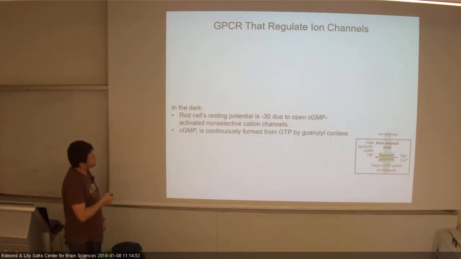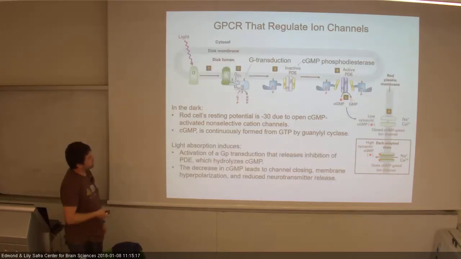And this is because of cyclic GMP, which under dark conditions has a high cytosolic concentration, and this causes many of the channels that are gated by cyclic GMP to remain open. Okay, and this is what causes the cell to be depolarized all the time.